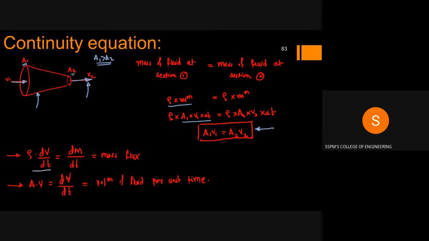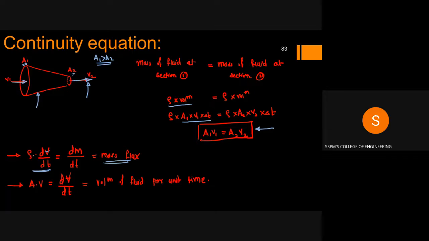Now the second equation is rho into dV upon dt, which is equal to dm upon dt, and this is called the mass flux. Here dV upon dt is the volume change with respect to time, and rho is the density.